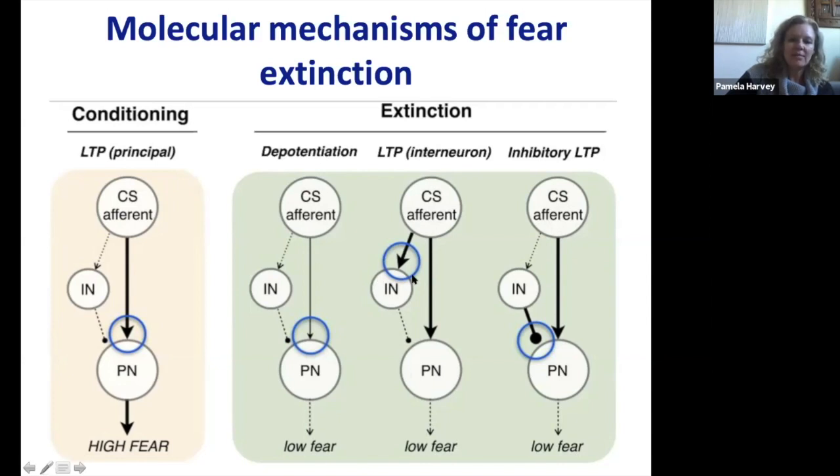So this synapse that causes the interneuron to fire is more efficient, and therefore the inhibition that converges onto this primary neuron is increased. And the way that the inhibition is achieved is through the release of GABA. Likewise, this connection at a high frequency stimulating this neuron can cause potentiation at this synapse. So this is inhibitory LTP, where the LTP occurs between an inhibitory interneuron and a primary neuron.